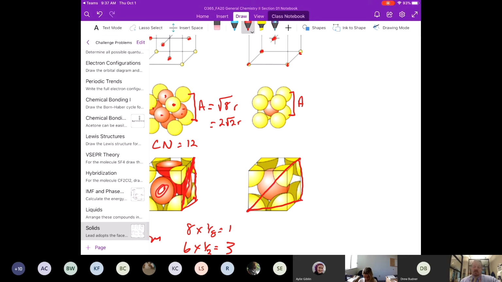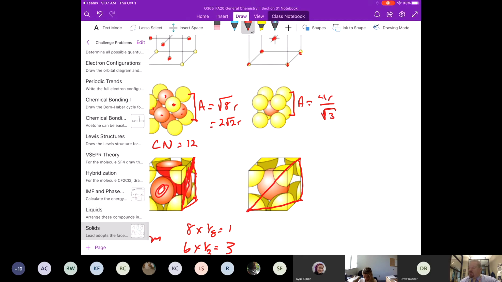So our geometry just got, it's still the Pythagorean theorem, but our triangle looks a little different. And when we solve that, we end up with 4 times r over the square root of 3.